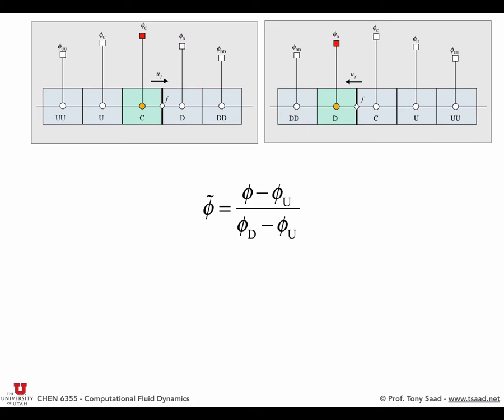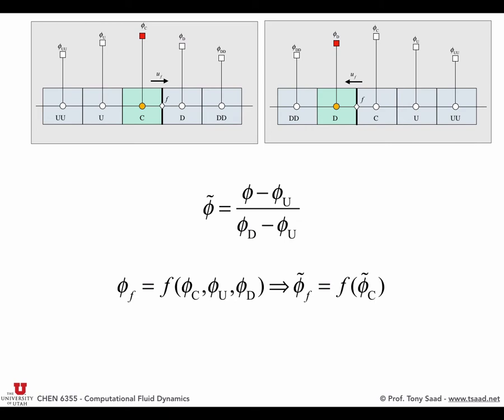Now, obviously, we are interested in phi f. What we're after is phi tilde f, which is phi f minus phi upwind over phi downwind minus phi upwind. What happens when we make this normalization? Phi f is a function of phi upwind, phi far upwind, and phi downwind. Think of the K scheme, second order upwind, third order upwind; those are the most popular. You can have a much wider stencil, but for these cases with a 3-point stencil, phi f is only a function of phi upwind, phi far upwind, and phi downwind.